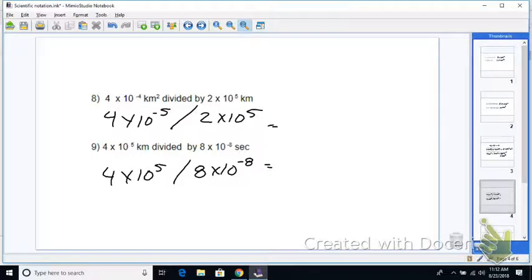So the first numbers you divide out, get an answer, and then when you take the exponent, you take the first exponent minus the second exponent. I wrote that one wrong, didn't I? It should be to the minus 4. I'm sorry. Minus 4.